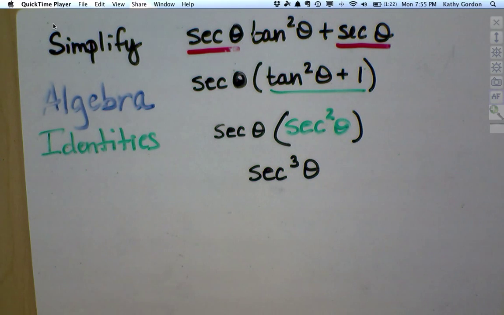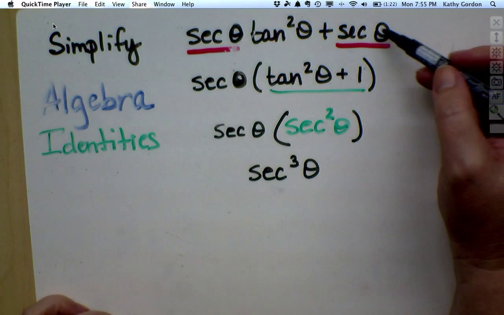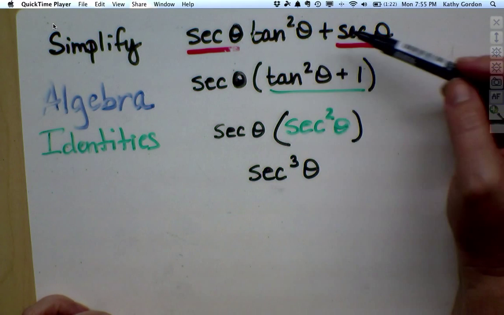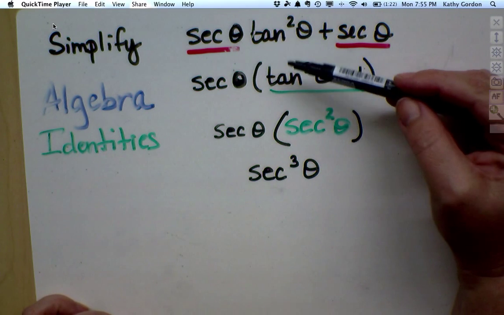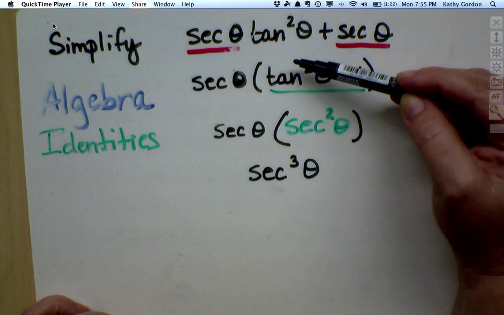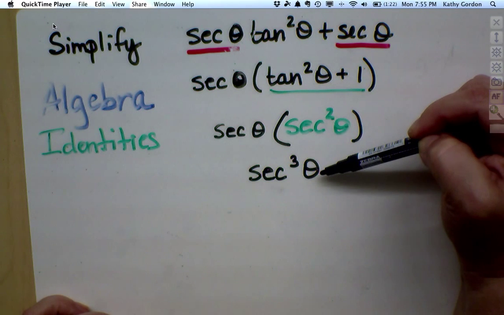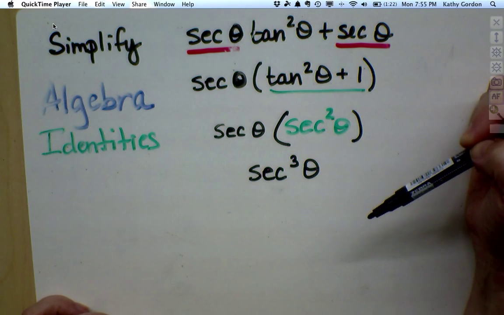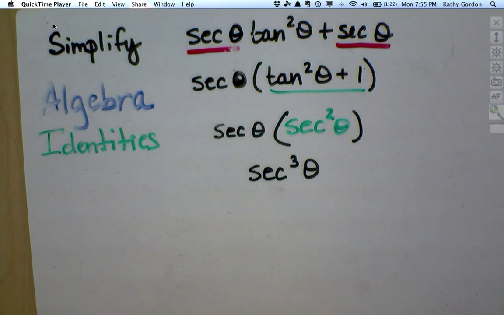So that's what we mean by simplifying, taking something that's a little bit complicated and a little bit scary at first and working through it with both algebraic and identity methods to get it down to something much simpler. Okay?